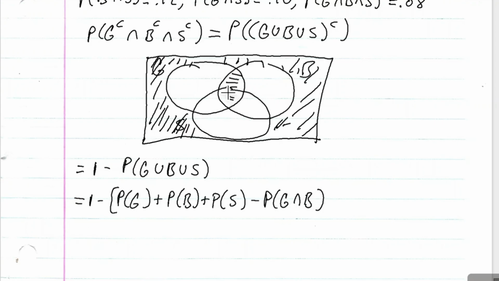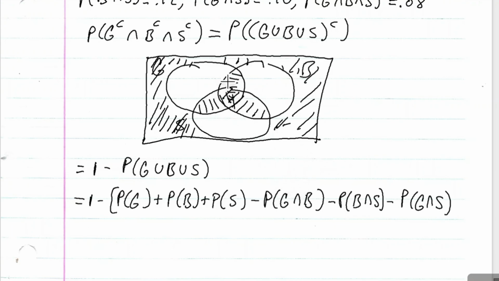Notice if I did S plus B, I added this area twice. So I have to do minus the probability of B intersection S. And I added this area twice, so minus the probability of G intersection S. And so now I have each of these areas once, because before, when I added these three, I had these areas twice, but now I have these areas only once.